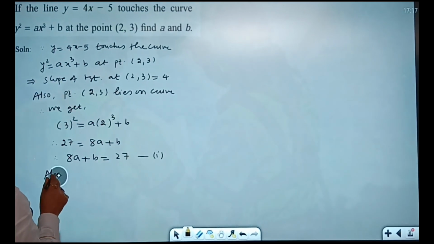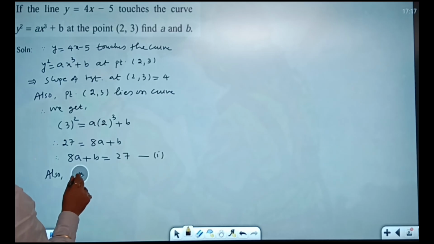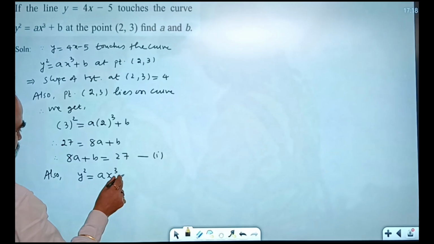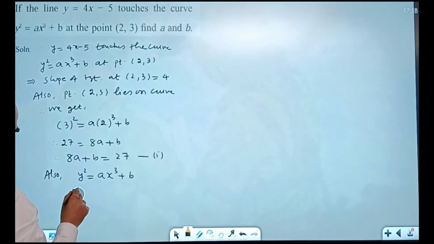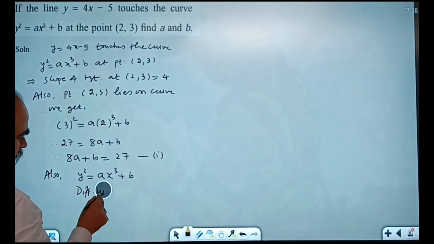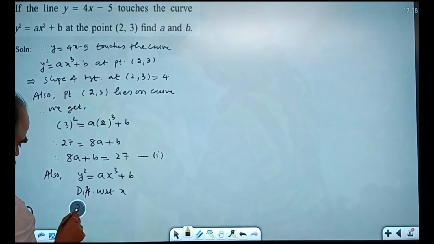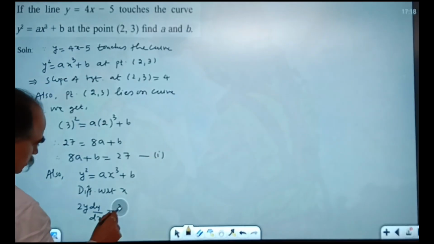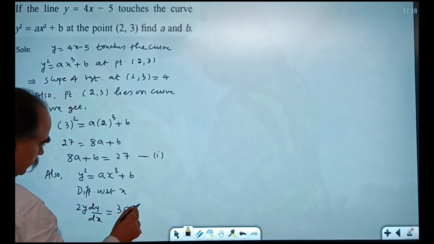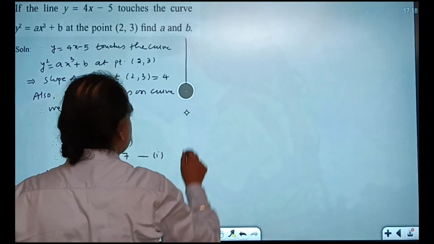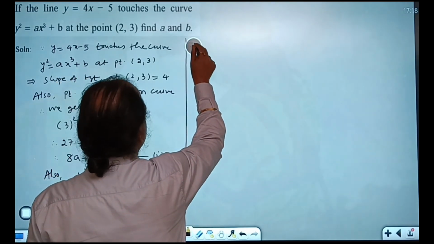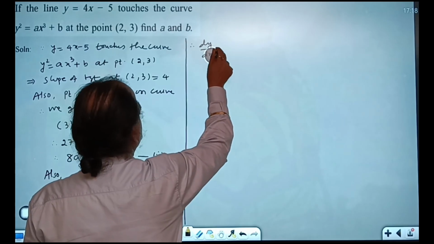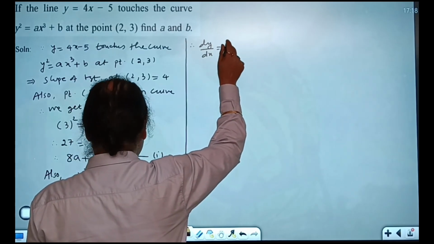Also, y square is equal to ax cube plus b. Differentiating with respect to x, 2y dy by dx is equal to 3a x square. Therefore, dy by dx is 3a x square upon 2y.